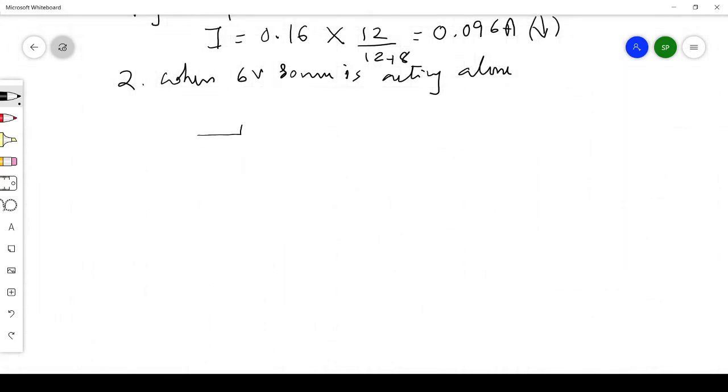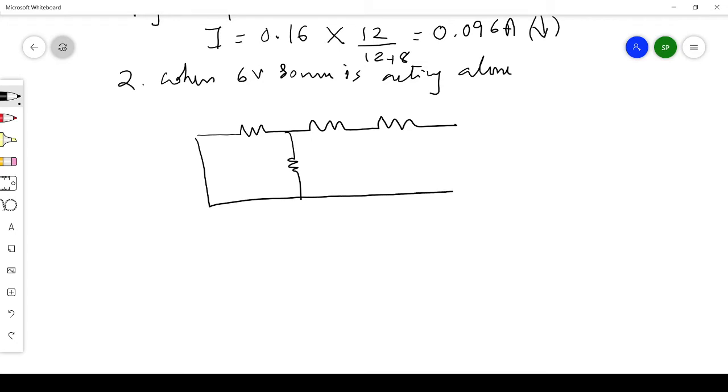So I'll be redrawing the diagram. I am keeping the 4 volt here as a short circuit, then the 6 volt is here, then we have 5 ohm here, and we have 10 ohm, 12 ohm, and then here we have 8 ohm. This is the current through the 8 ohm we are supposed to find, right?